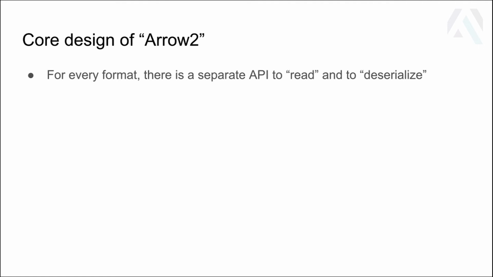So for every format there is a separate API, and the read API has two variations. We always offer an asynchronous version. This is already to flag that we have a bunch of operations that are primarily I/O bound, where we need to interact with blob storage or a stream.